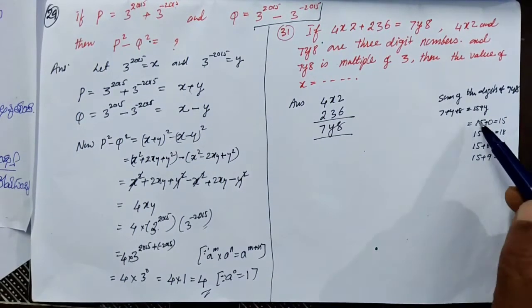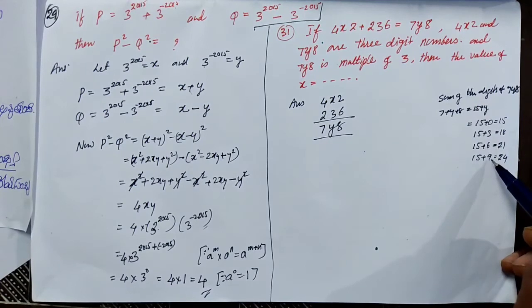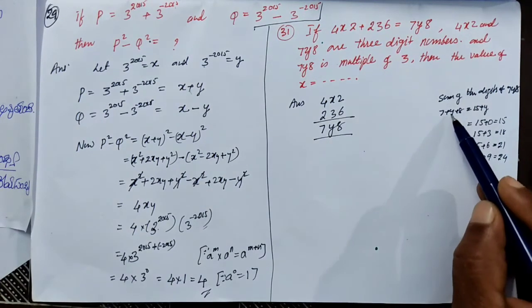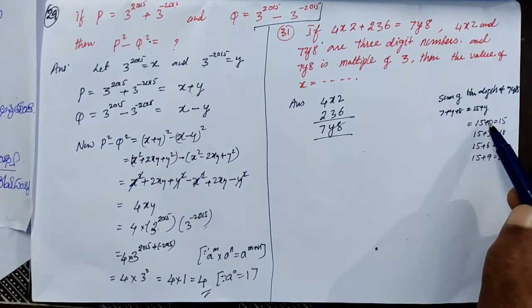So the value of y may be 0, 3, 6 or 9, because if we add all these, 15 plus y, 15 is a multiple of 3.